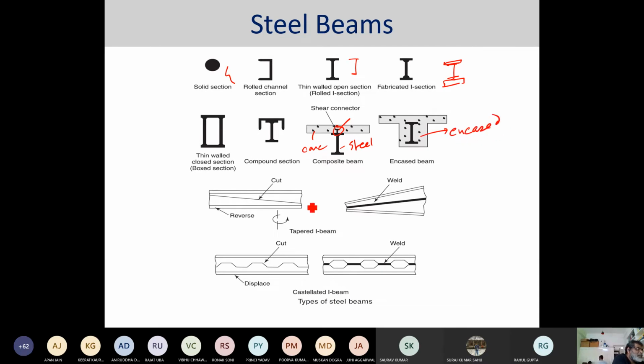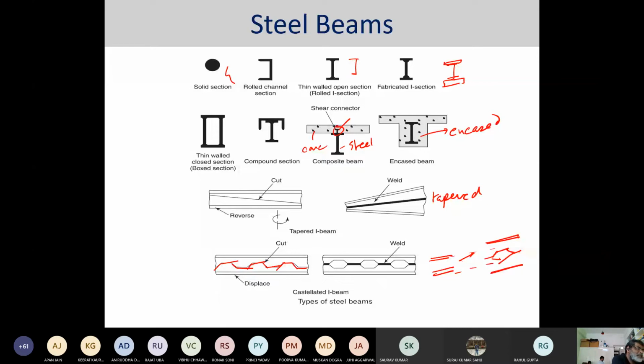You can take an I-beam, cut it like this, reverse it, and get a tapered section. And you can be also very innovative, where you can do this kind of a cut, open it and shift it, so that you get this kind of a system. Now, of course, the difference here, and I think this is slightly wrong, is that this beam actually ends up becoming this with this kind of a section in place.